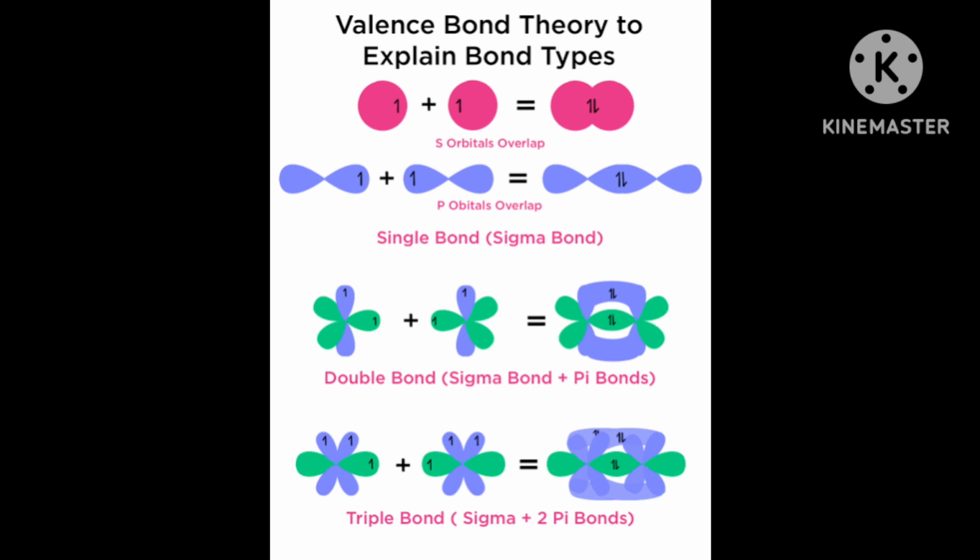Now you can write d2sp3. D2sp3 means inner d. This time inner d has taken part in hybridization with s and p: 2 d orbitals, 1 s and 3 p, then d2sp3, and it is also called octahedral.